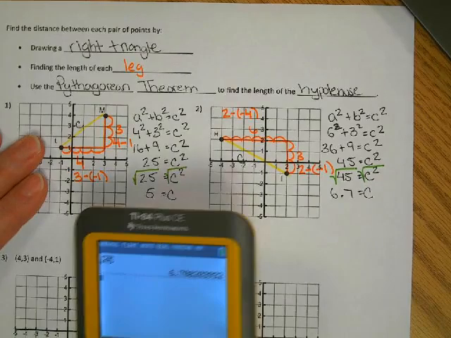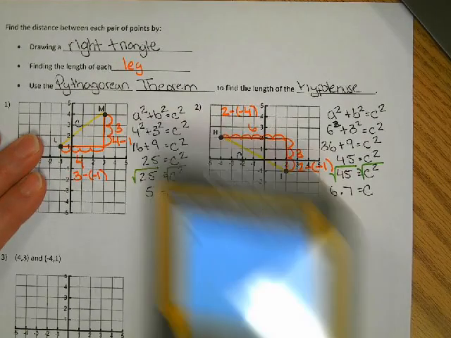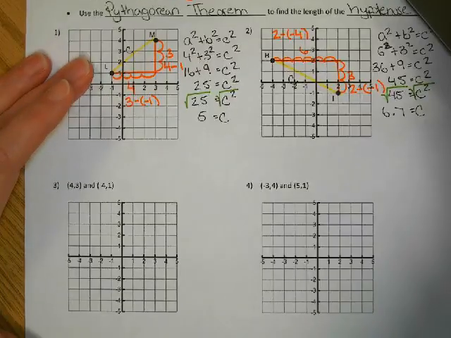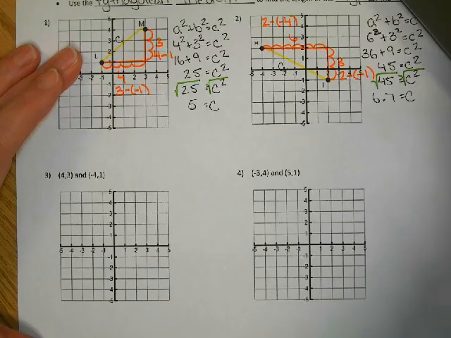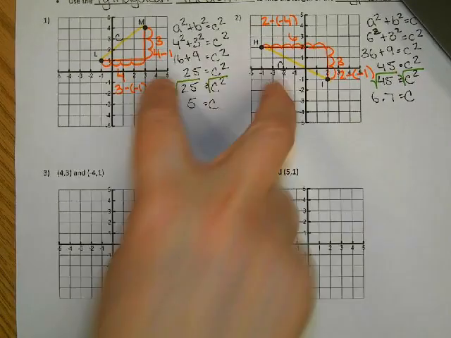How do you put it in the calculator? I'll come over there and show you. Give me a second. Okay, so what's the difference between 1 and 2 and number 3? What's the difference between the first 2 and 3 and 4?